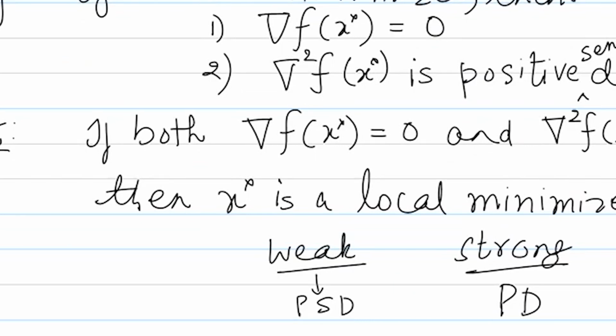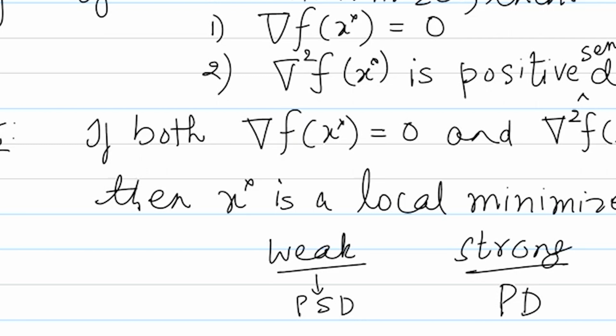Any intuition as to why it should be positive definite? If you want a geometric intuition, it's again similar to the one-dimensional case. When I write a second order Taylor approximation, in one dimension, what am I approximating my function as? A parabola, right?